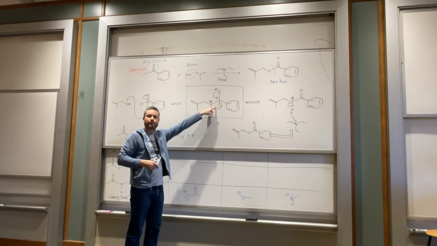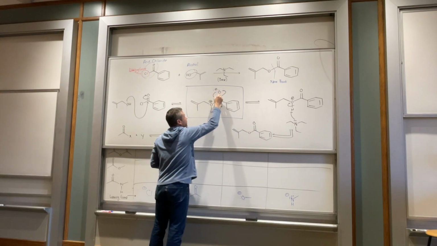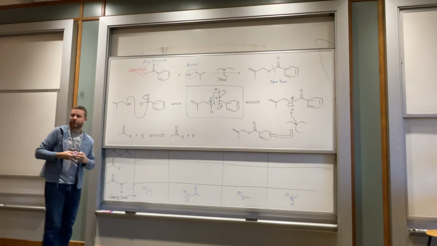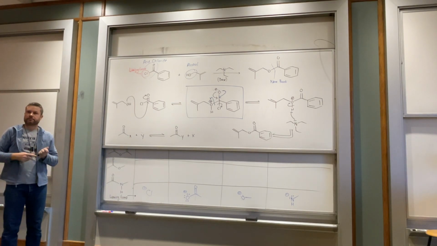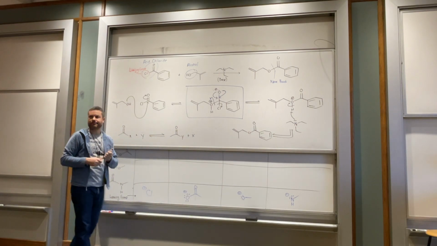So at this point in this mechanism, you can see that this molecule has the option of kicking out two different groups. It can kick out the chloride, or it can kick out the alcohol that we just added. We want to understand why, when we run this reaction, we move forward: we kick out the chloride, and the alcohol stays there.